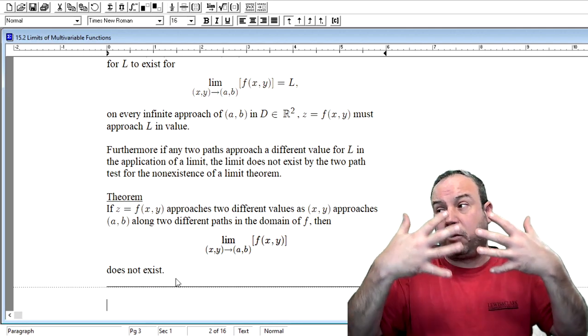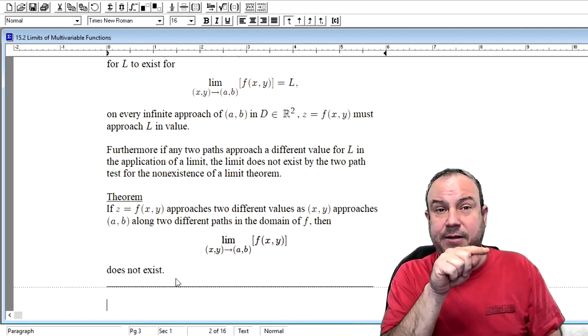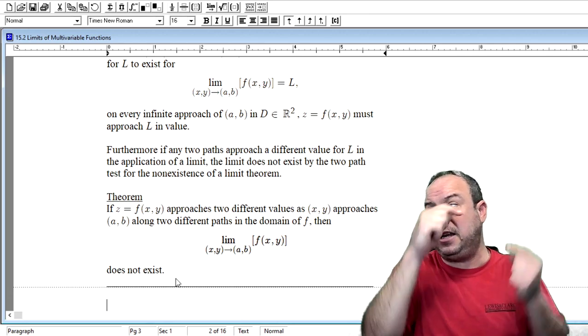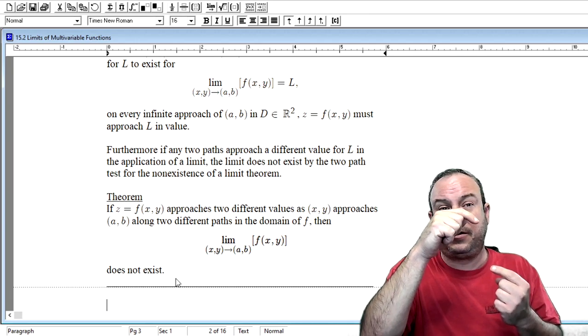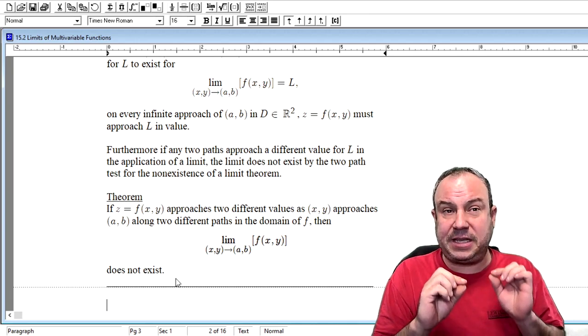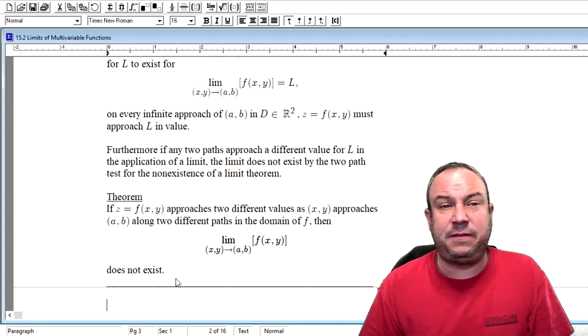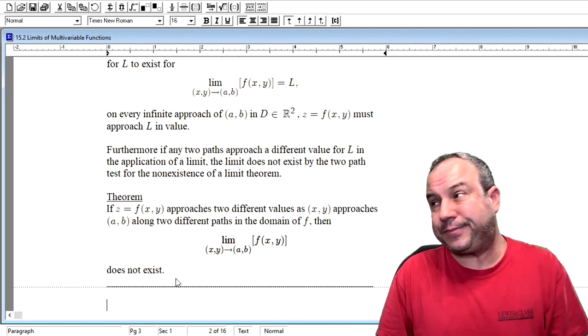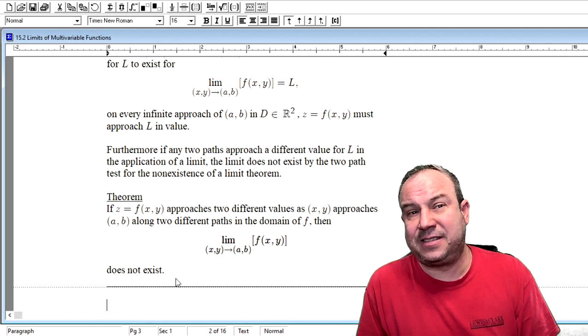Now, we're going to be working in a plane where we're going to be able to approach this point from any infinite number of different directions. So to show that that function's output approaches the value of L on every single infinite approach is certainly an impossible task, to say the least.